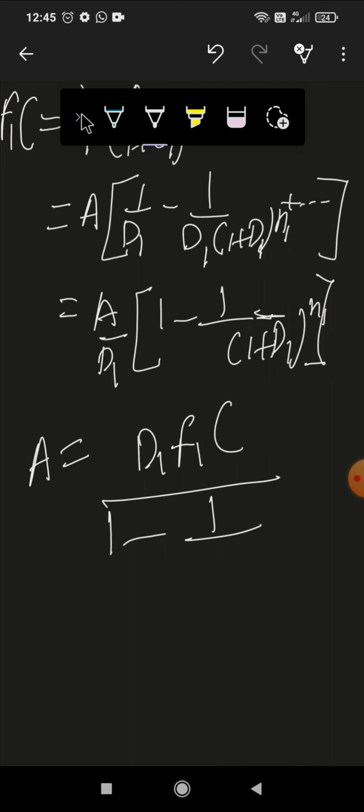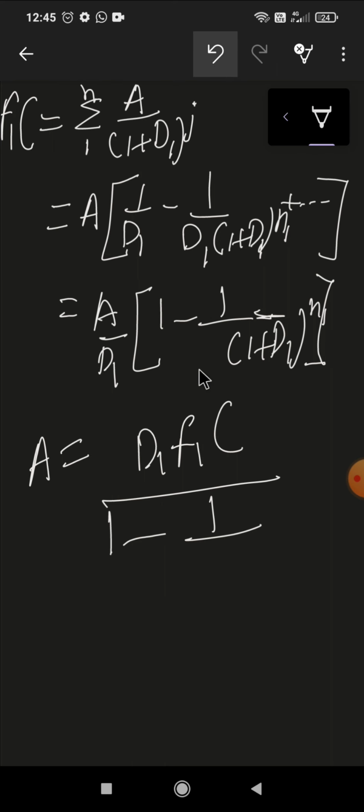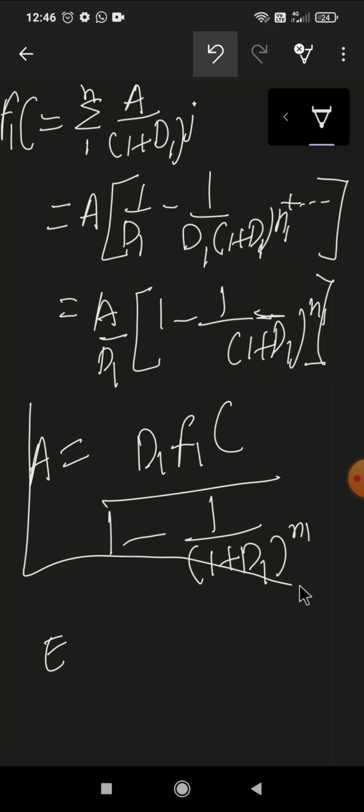It will be F1 into C divided by 1 upon 1 minus (1 plus D1) raised to n1. This is the formula for the equated installment, how much installment you need to pay. This formula we will also use in examples to find the EMI or yearly installment.